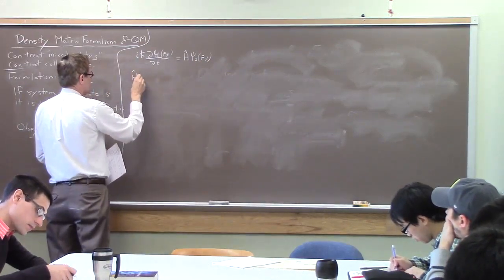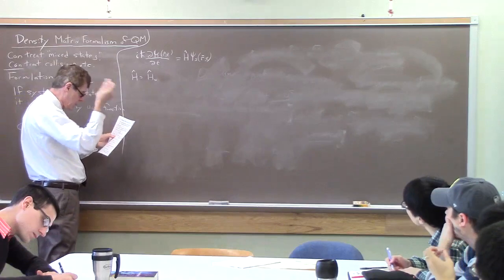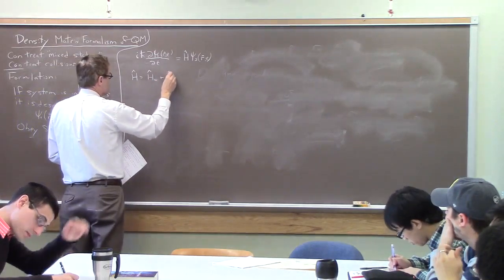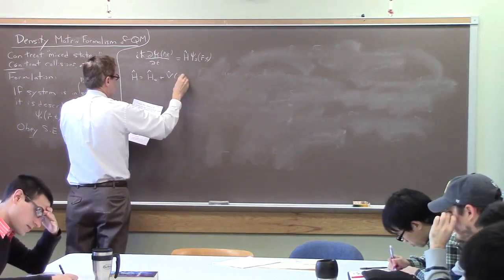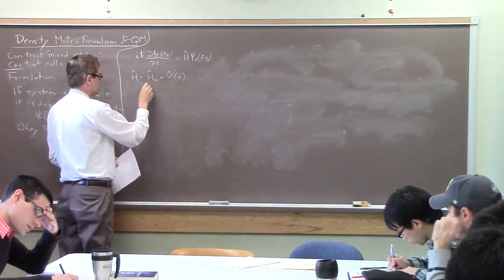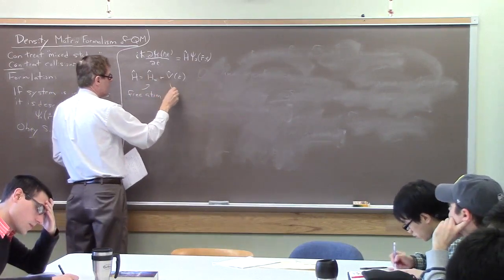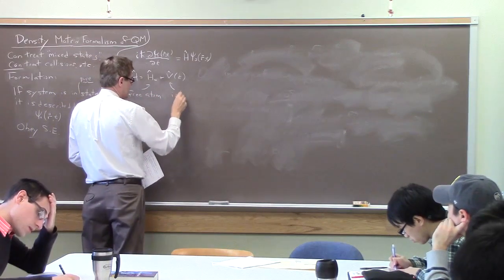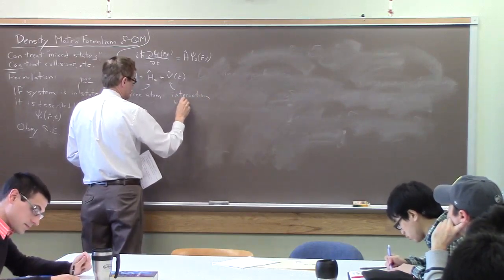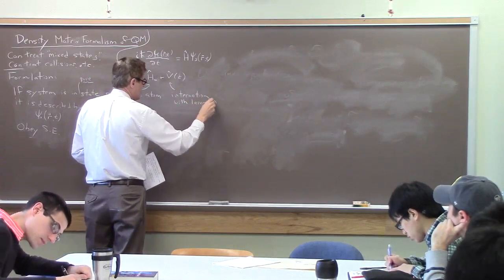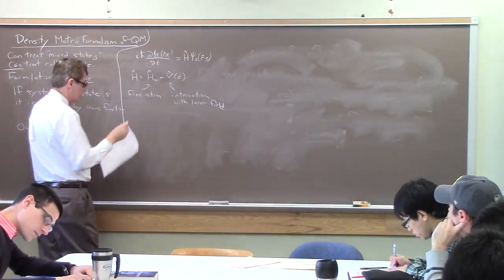And now the Hamiltonian we will decompose into the Hamiltonian of the free atom plus the interaction term. So H_0 is the Hamiltonian of the free atom, and V(t) is the interaction with the laser field in the present context.